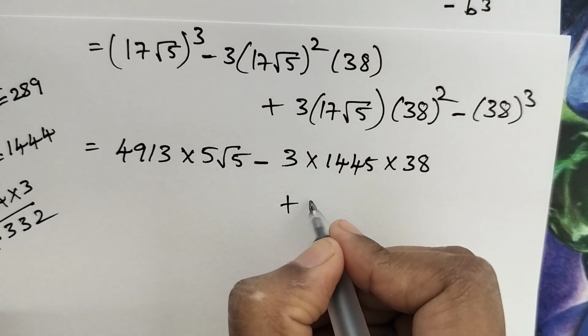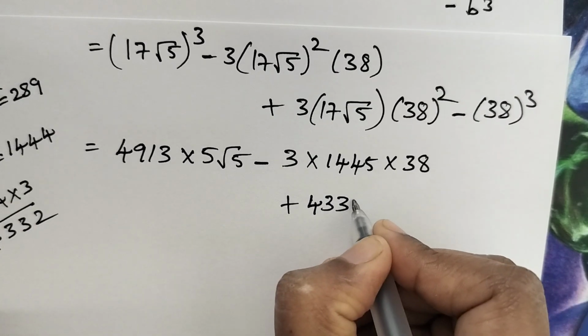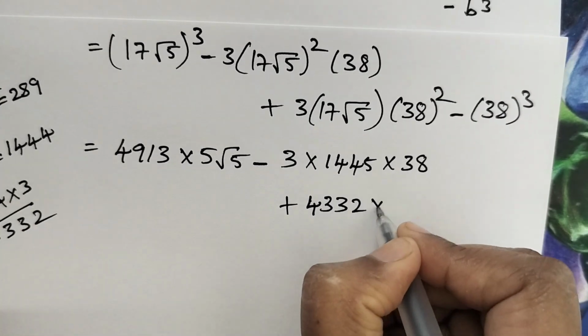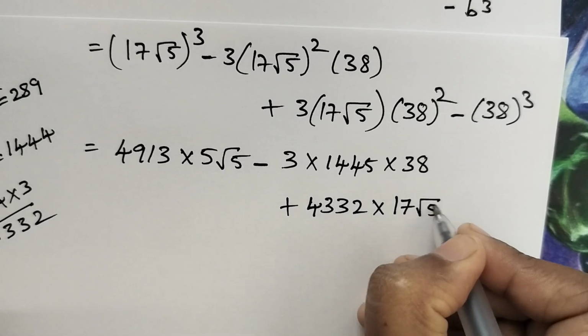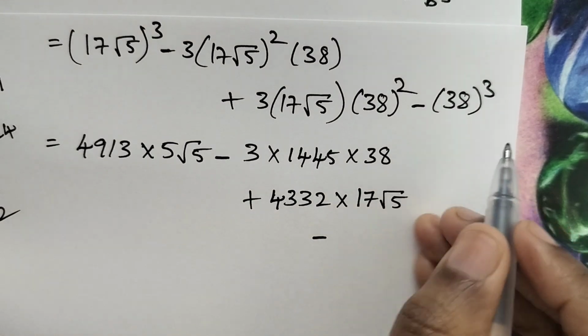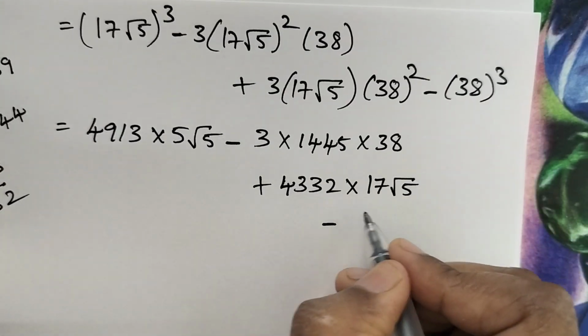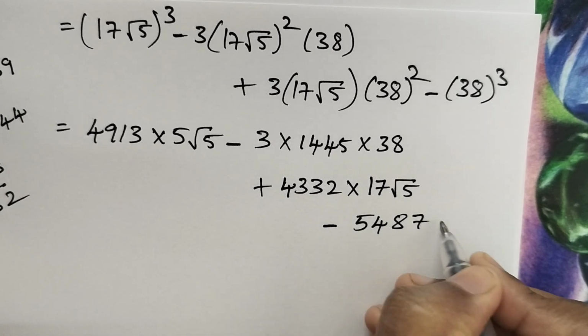So now, 4332 times 17 square root of 5. So minus, here 38 cube is there. So 38 cube is equal to 54872.